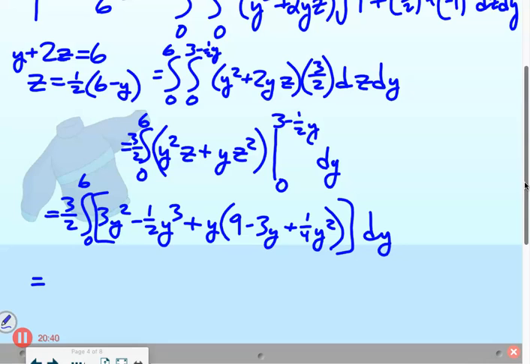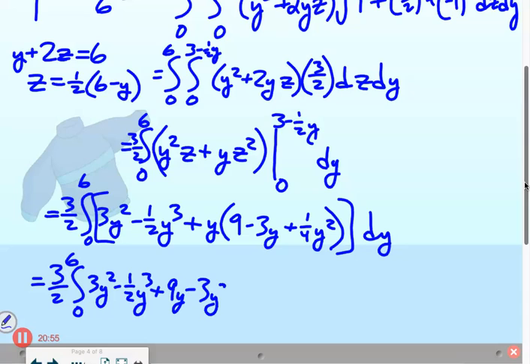All right, so, cleaning up. 3y squared minus 1/2 y cubed plus 9y minus 3y squared plus 1/4 y cubed. Well, this is going to clean up nice, if I did my math right.